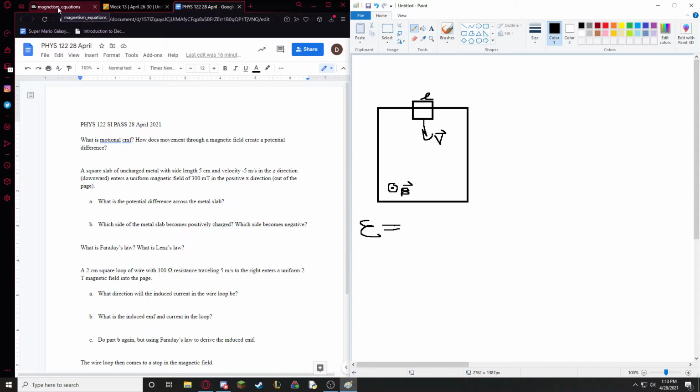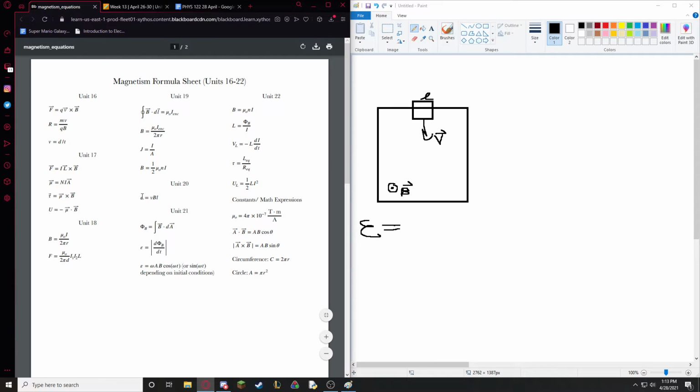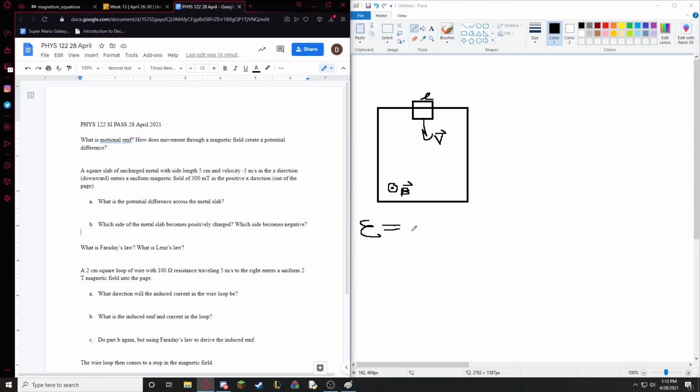EMF is another word for voltage, and we can find it using epsilon equals VBL, where V is our velocity, B is the magnitude of our magnetic field, and L is the length of our side of the square. We can plug the numbers in: 5 meters per second times 0.3 Teslas times the length of 5 centimeters. You can do that yourself. That's how we get the magnitude of the potential difference.